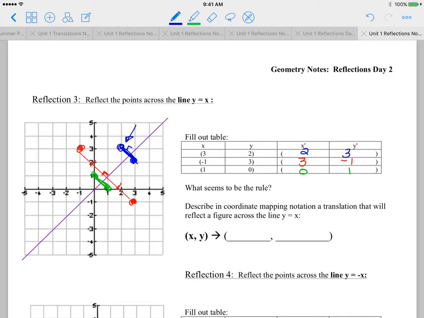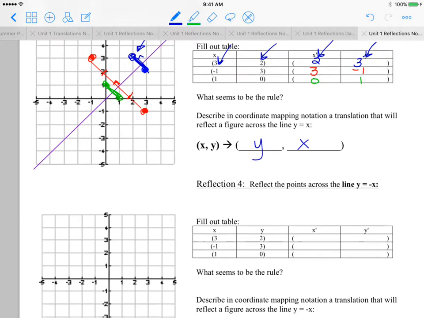So our rule is: we're just going to flip x and flip y. Where x was 3 in our pre-image, now y is 3 in our image. Where y was 2 in our pre-image, x is now 2 in our image. That's reflecting across the line y equals x.